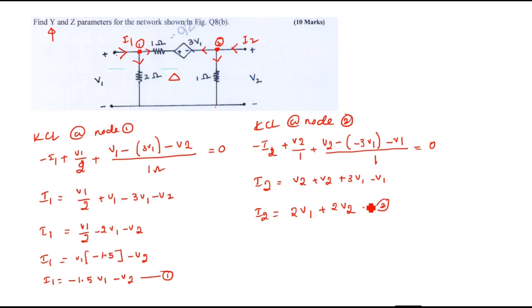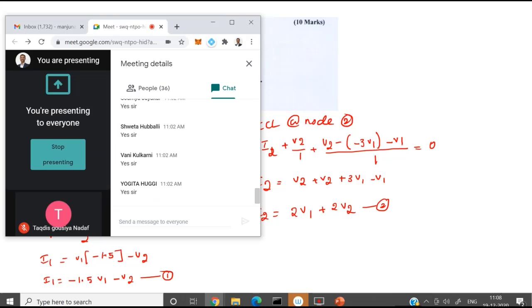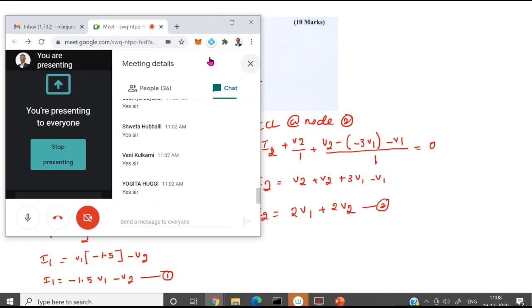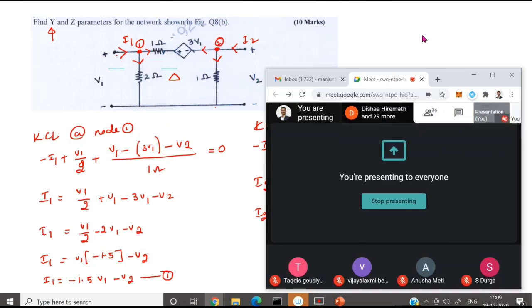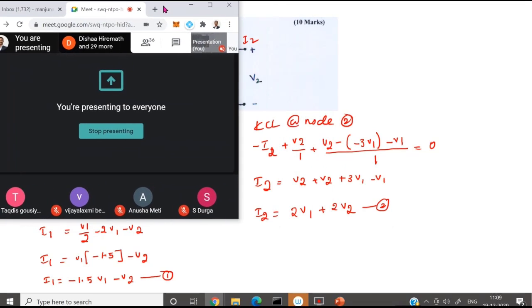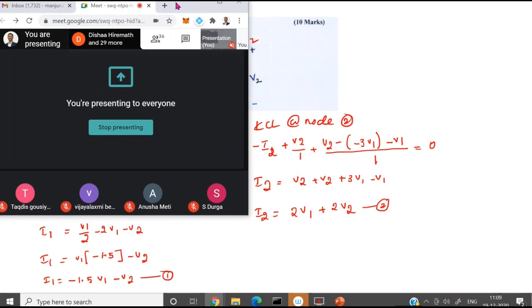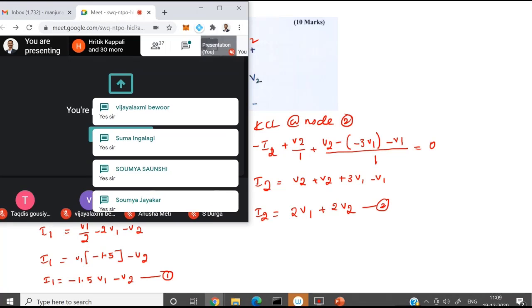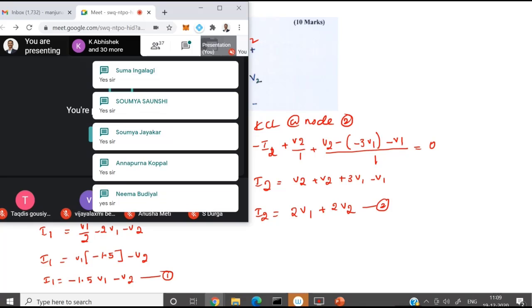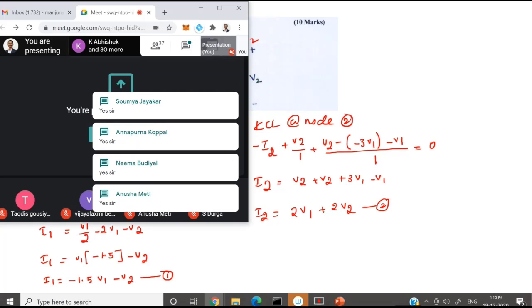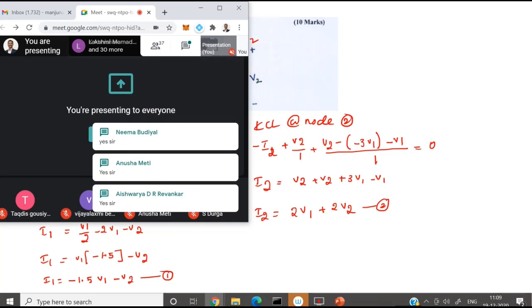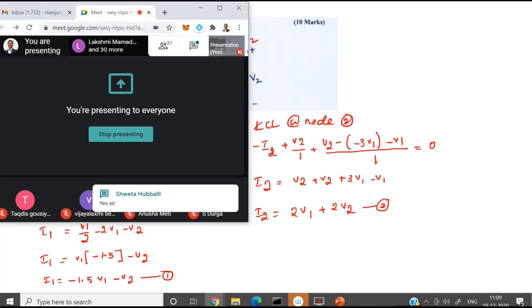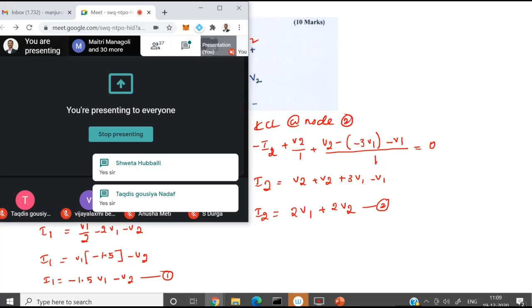Call this equation number 2. Have you understood till equation number 2? We have applied KCL at node 1 and KCL at node 2. Correct me or stop me if I am doing any mathematical mistakes.